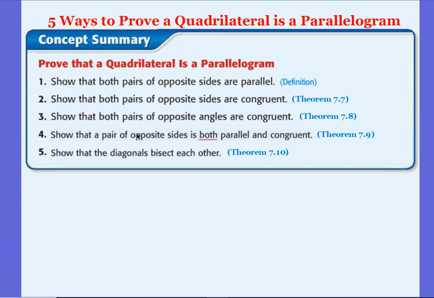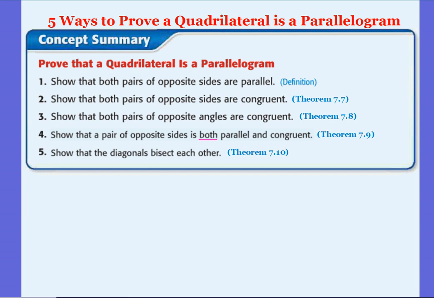That is the only difference between the ways to prove and the actual characteristics of the parallelograms. So we take out the consecutive angles being supplementary, and instead we replace it by showing that one pair of sides is both parallel and congruent.